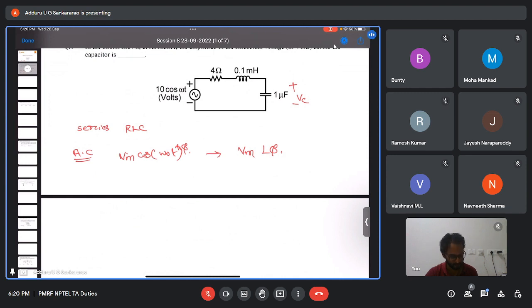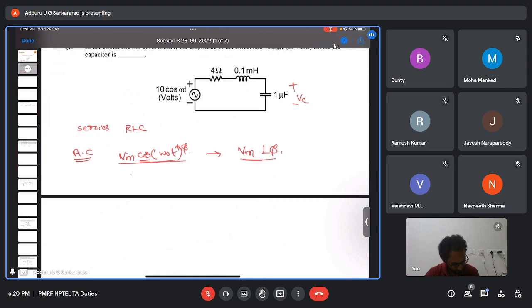While analyzing, different textbooks follow different standards. Some textbooks may follow cos as reference, another textbook may follow sin as reference. I'm taking cos as reference. So if you have a signal like Vm cos omega naught t plus phi, then this will represent the signal as Vm at an angle of phi.